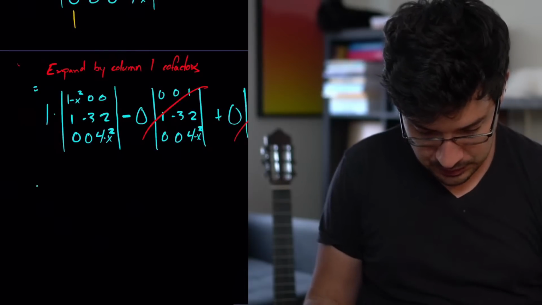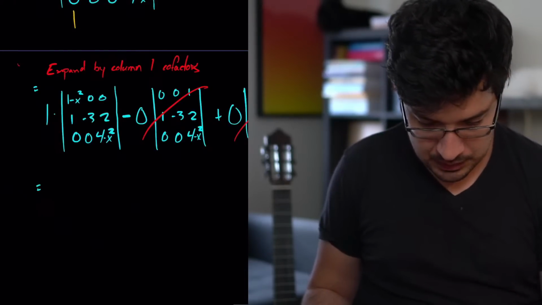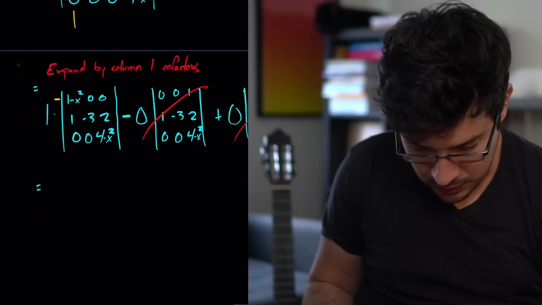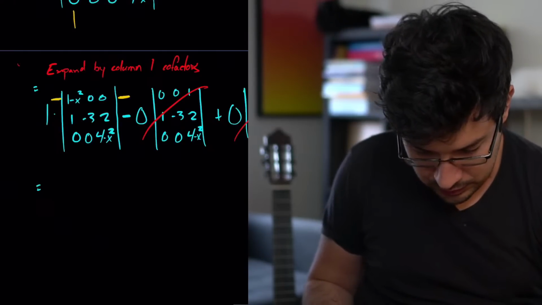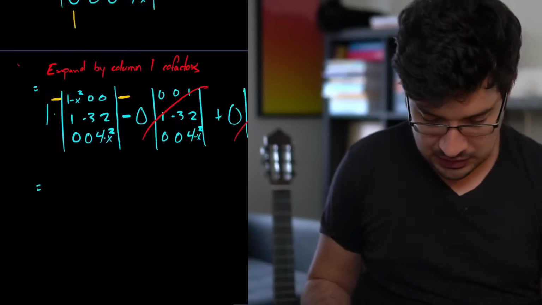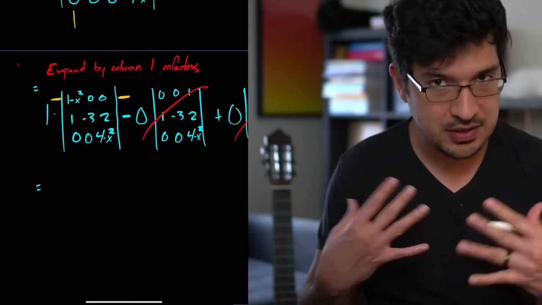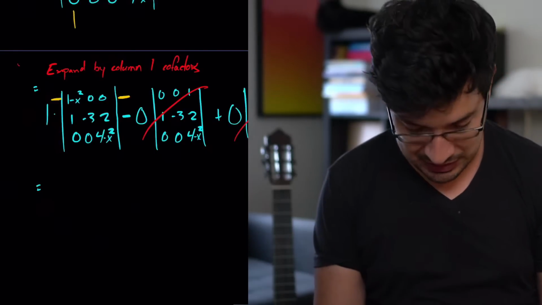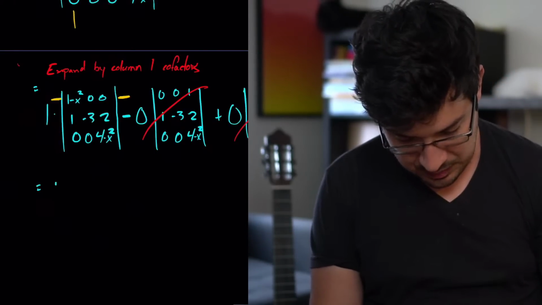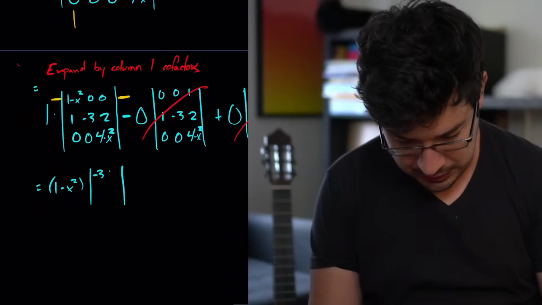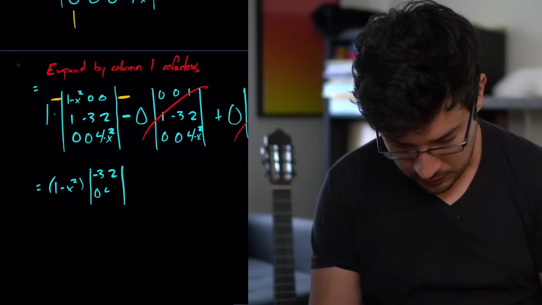Now, this first one, let's expand by the first row. Don't write lines like this in your homework. That's not really standard notation. I'm just doing that to show what I'm doing here. But this is going to be 1 minus x squared times this 2 by 2 determinant, negative 3, 2, 0, 4 minus x squared, right?